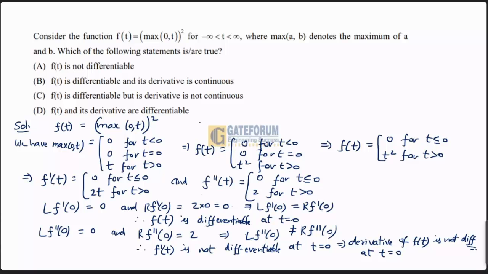Its derivative is not continuous. So it is not required to check L f double dash 0, R f double dash 0. They asked whether f of t is differentiable and its derivative is not continuous.